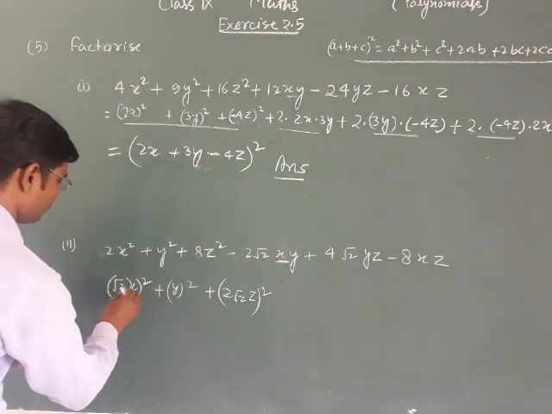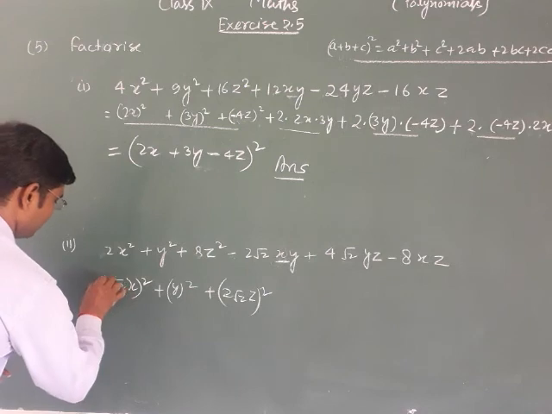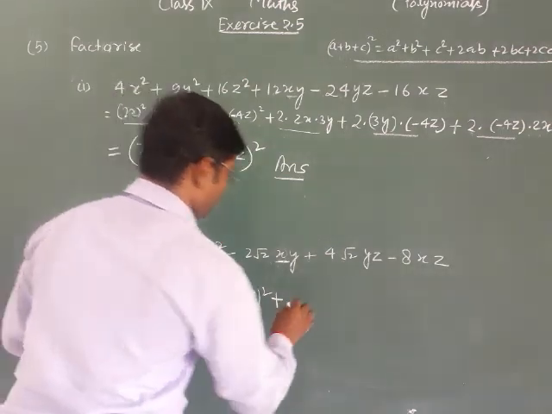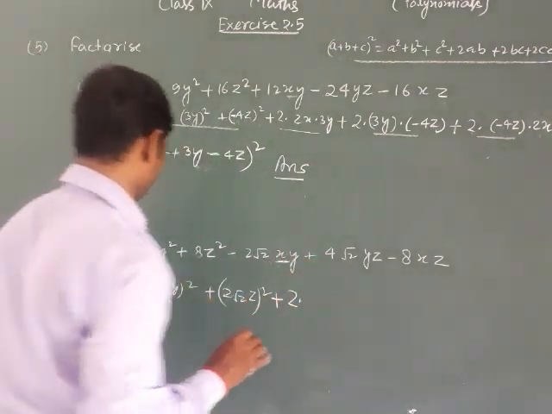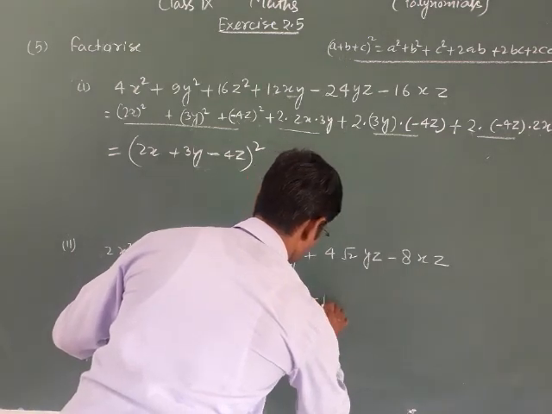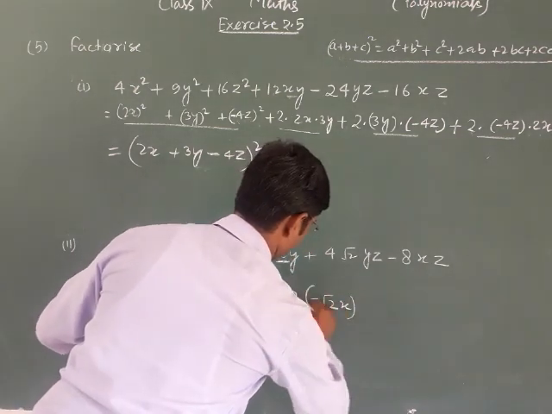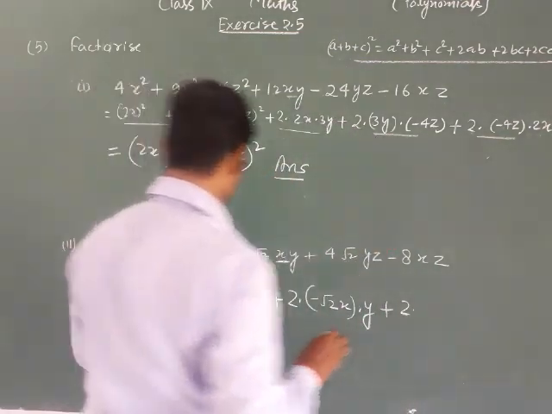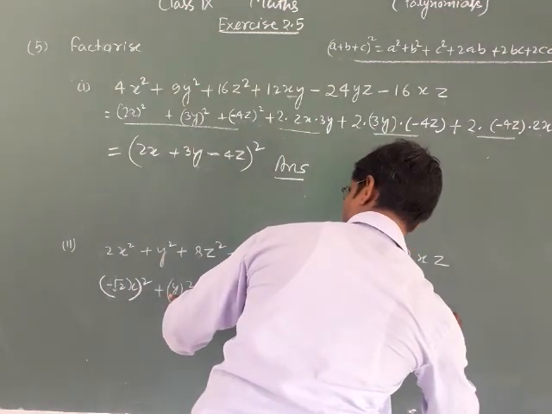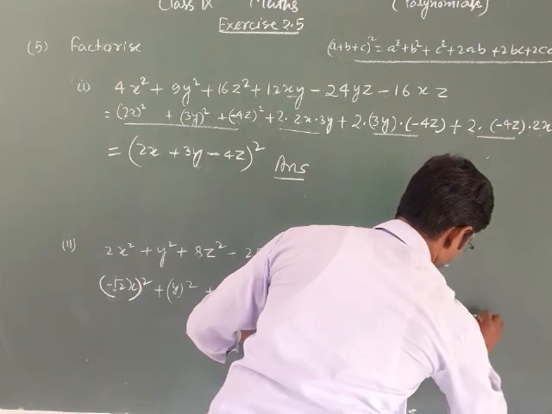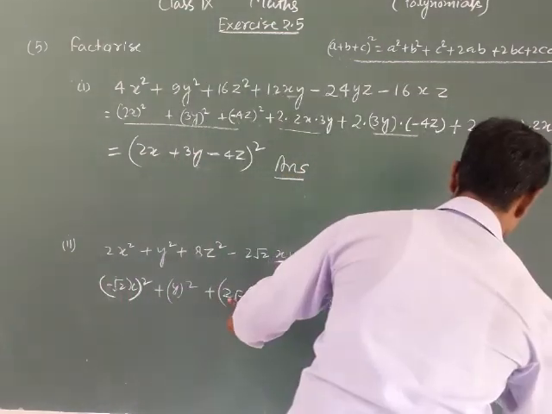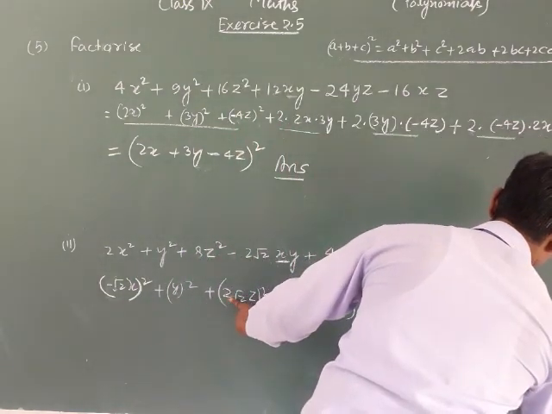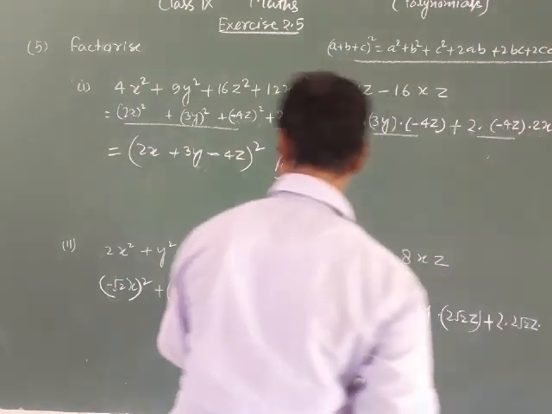Now plus 2 times first into second, so 2 times minus root 2 x into y, plus 2 times second into third, so y into 2 root 2 z, plus 2 times third into first, 2 root 2 z into first.